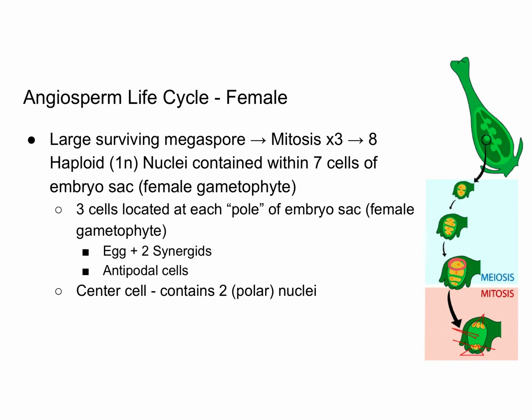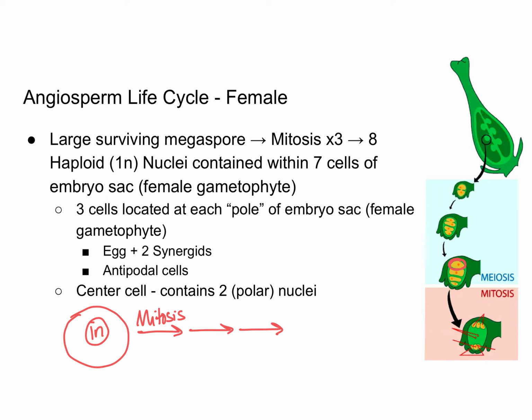So essentially, we're going to start with this megaspore that has a haploid nucleus inside of it. It's going to go through mitosis, and it's actually going to go through mitosis 3 times. And each time, the number of nuclei is going to double.